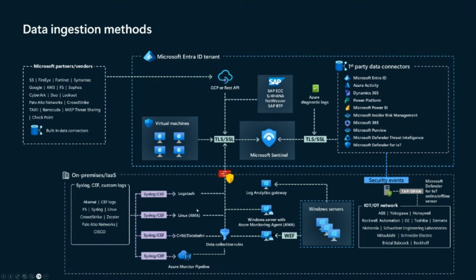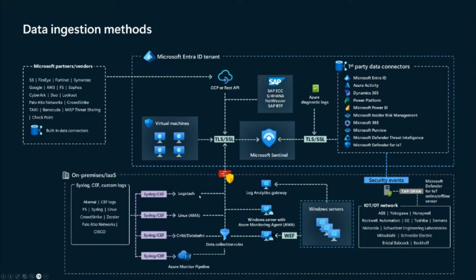If we look at the Linux world, logs like syslog, CEF, and custom logs, there are several alternatives to send that data into your Sentinel environment. You can have the Azure Monitor agent installed, and you can send logs from syslog or CEF sources directly into the Sentinel workspace.